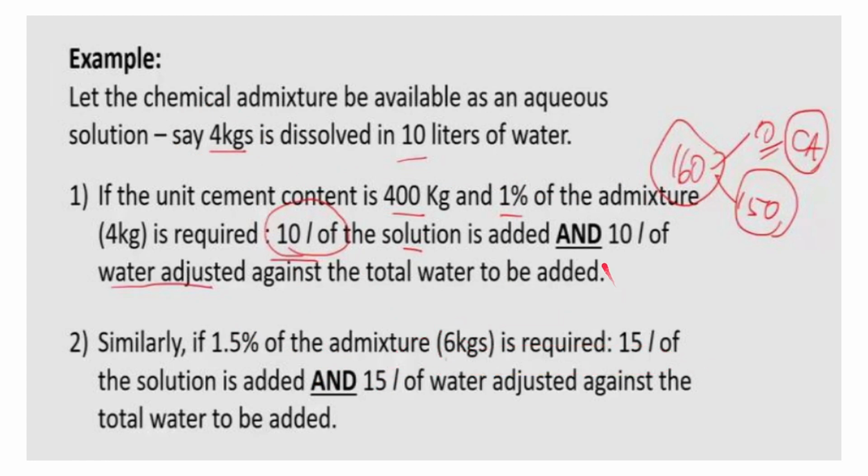These 10 and 15 liters can either be adjusted or added, based on our choice, because anyhow they are not going to affect the proportion. They are almost negligible, because the amount of water needed is very high compared to 10 and 15 liters. So we can use it both ways.